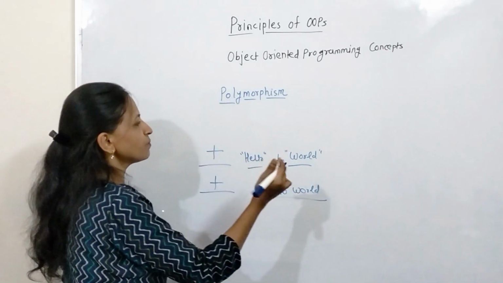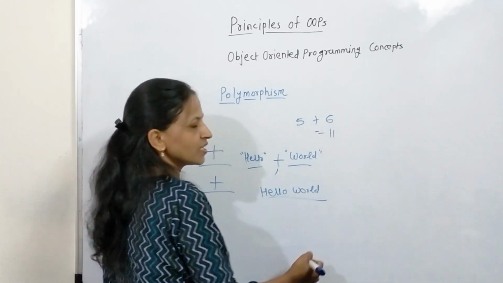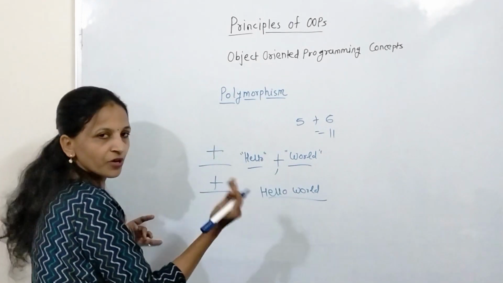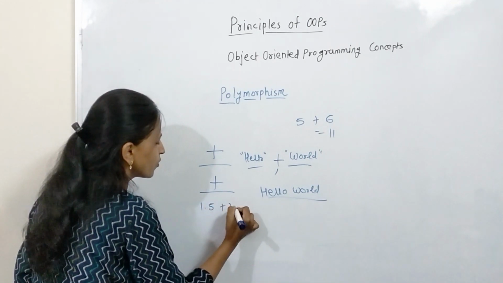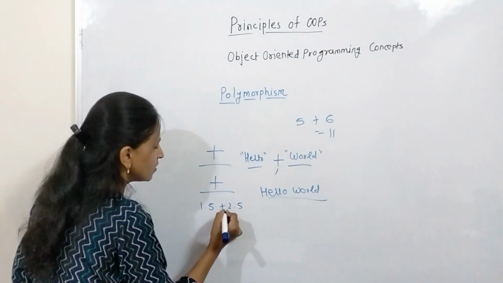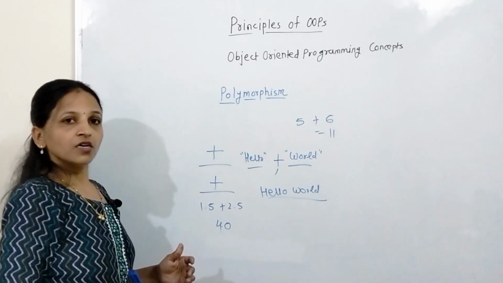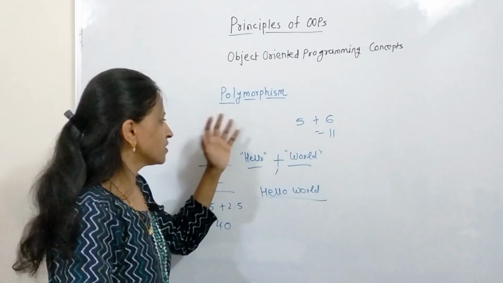If we use this plus symbol with two integers like 5 plus 6, then we will get the result 11. We can also use this plus symbol for two floating point values, means numbers having a decimal point, like 1.5 plus 2.5. Then we will get 4.0.